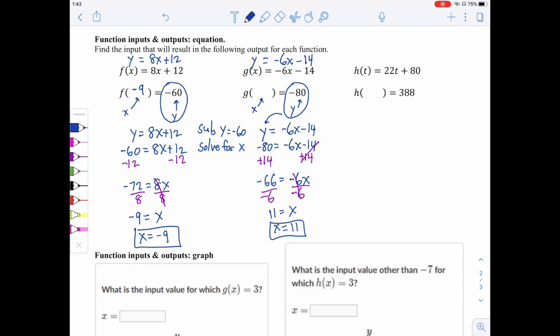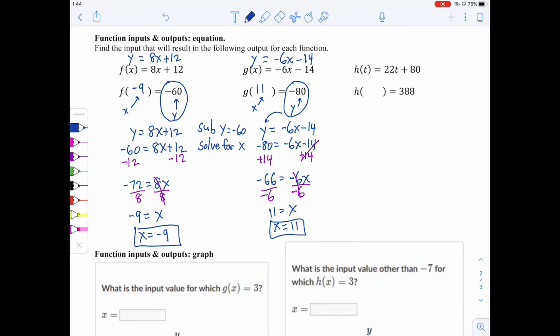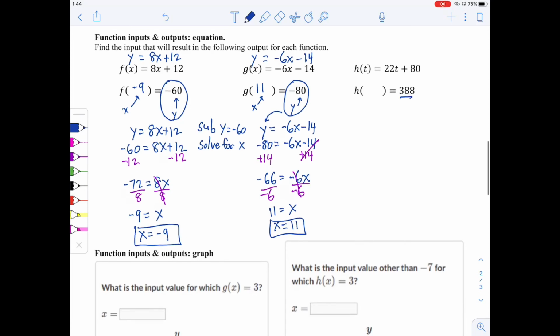So our x value is 11, so we put that in there, 11. So that will be our answer for that. Okay, and next part you can do on your own. Same process, right? Set your answer 388 to y, and then solve it for t to find out.